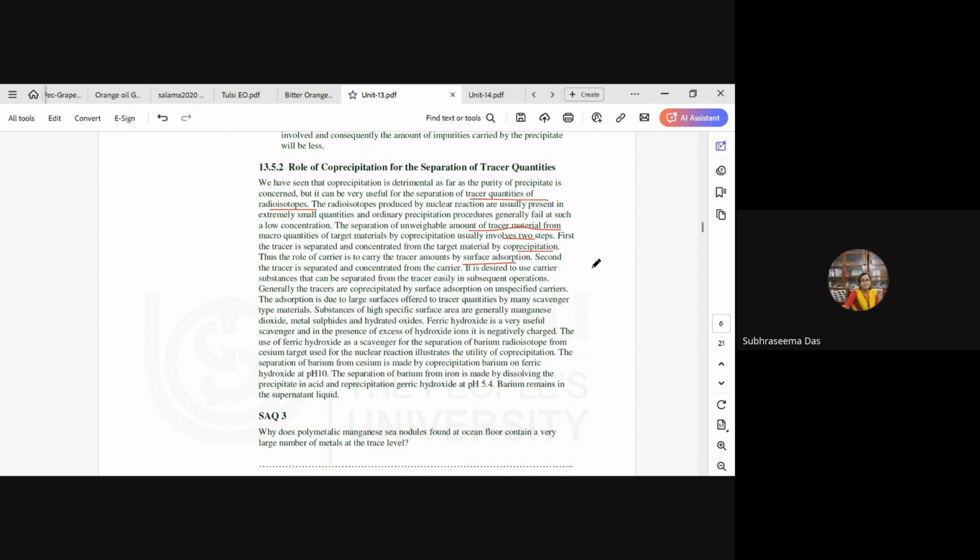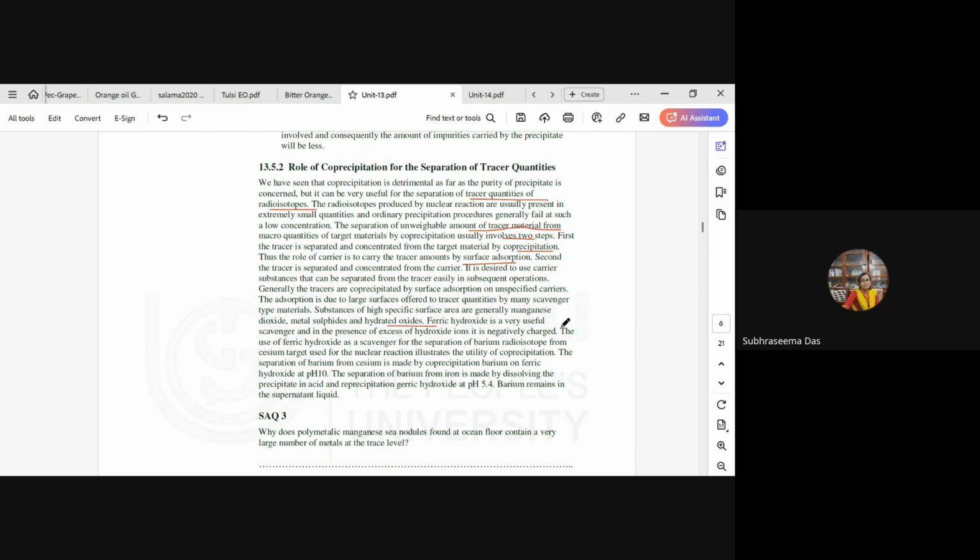Generally the tracers are co-precipitated by surface adsorption on unspecified carriers. This adsorption occurs because of the large surface offered to the tracer elements by various substances of high specific area, such as manganese dioxide, metal sulfides, hydrated oxides, and even ferric hydroxide, which are used as carrier materials.